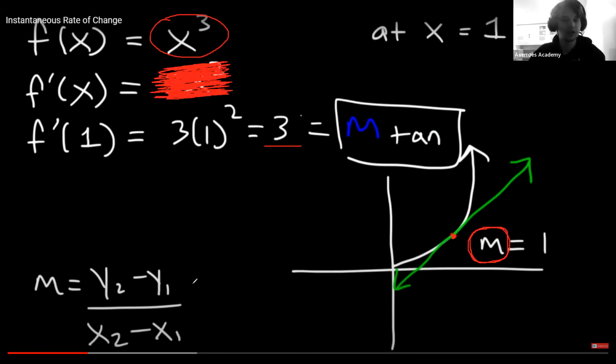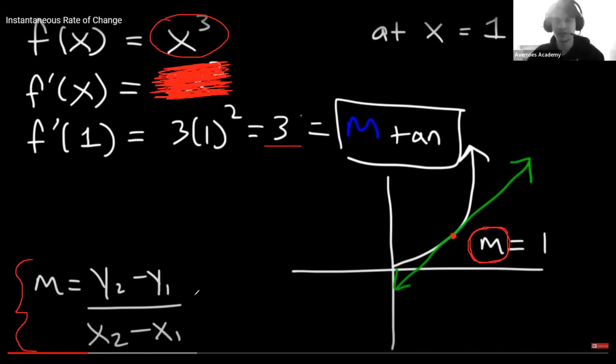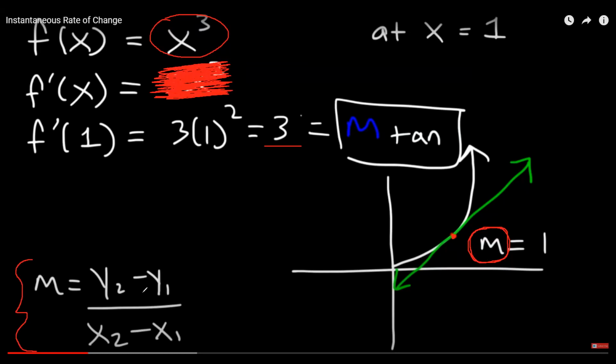So let me give you a hint, okay? We're going to use the same formula for instantaneous rate of change. We just need to find f(y2) and f(y1).